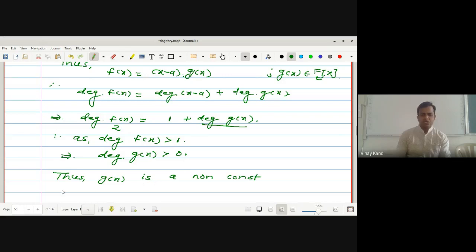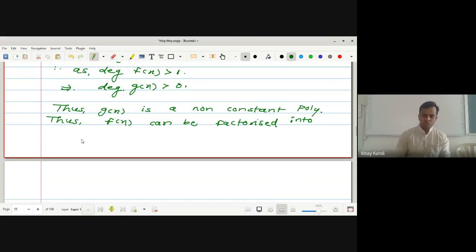Thus f(x) can be factorized into two non-constant polynomials.